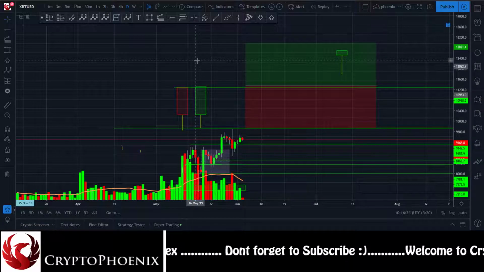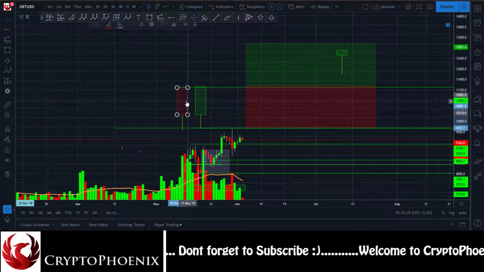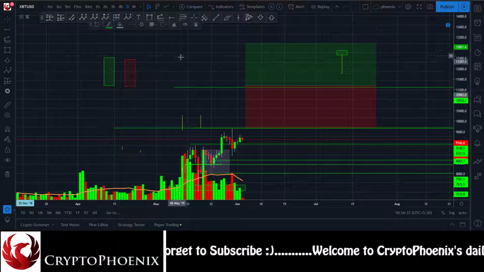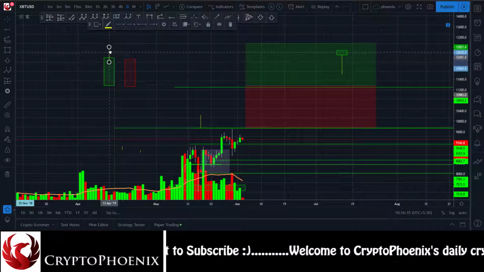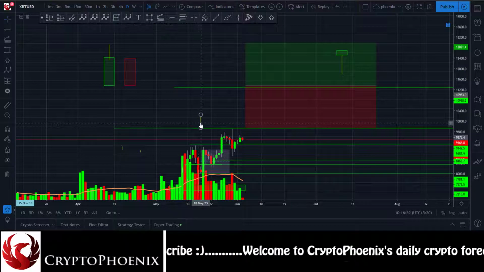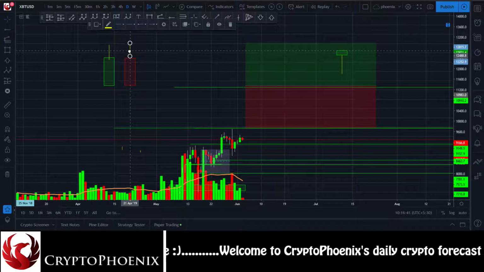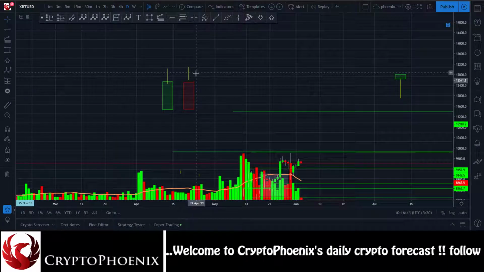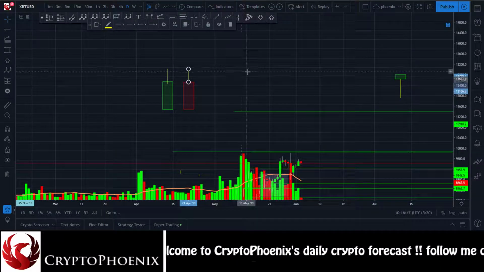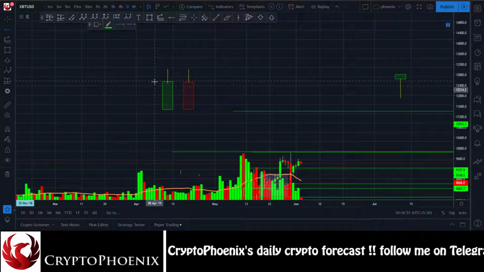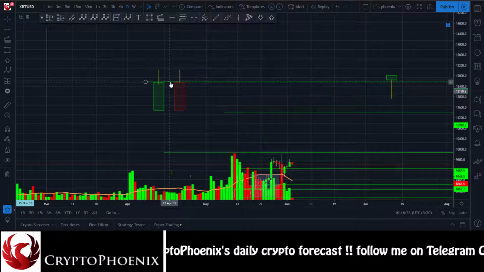Similarly, for bearish tweezer tops we can just reverse this scenario. Let me make a bearish scenario. Okay, so this is the bearish tweezer top. We look at the previous green candle, where its high is.